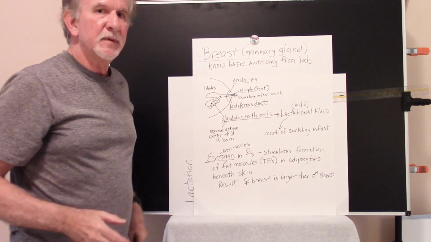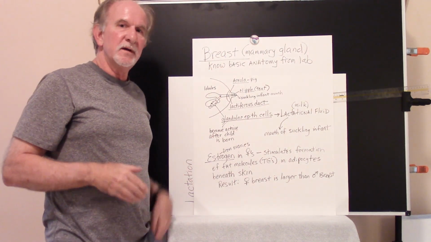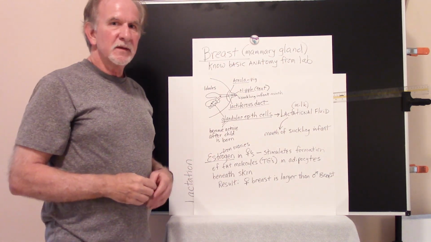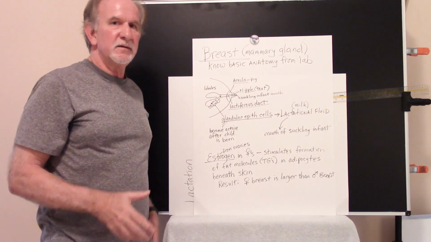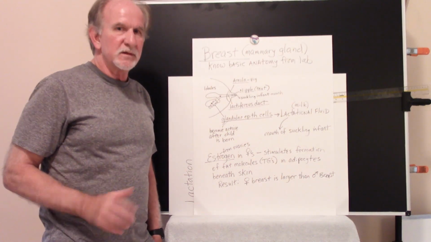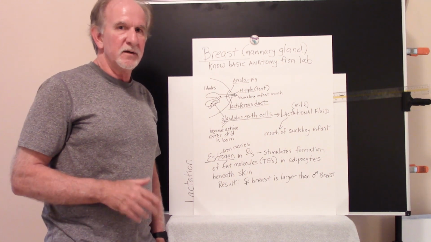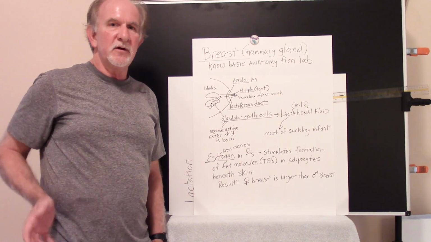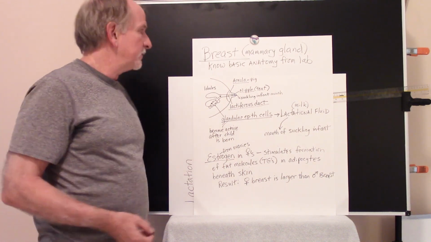I'm going to finish up by going over the mammary gland or the breast. I guess you all are aware that humans, like many other animals, are mammals. That's how we'd be classified because we have mammary glands and feed our young with milk.